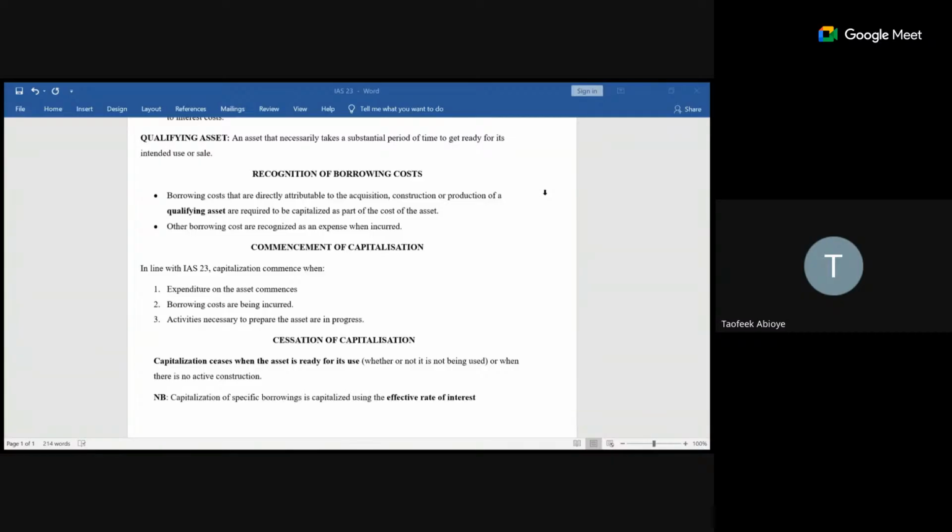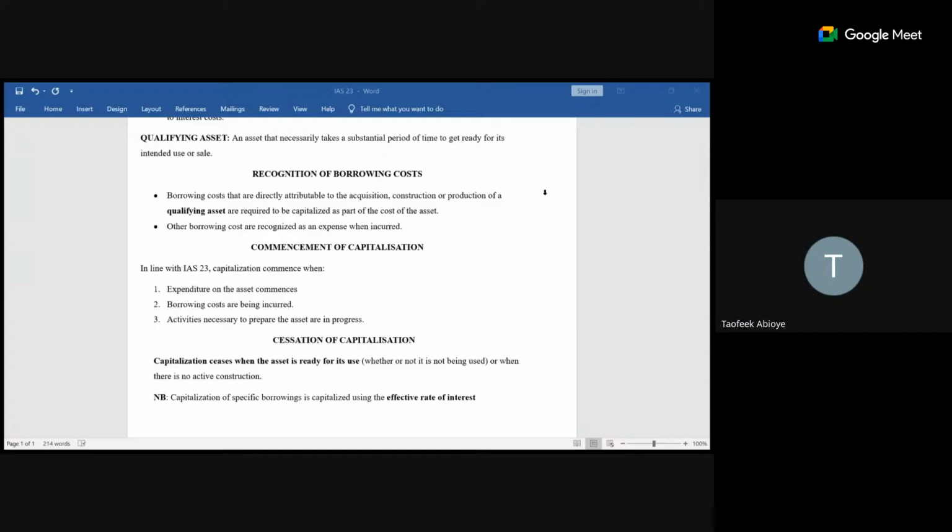Now let's calculate our borrowing costs. How much is our loan? The loan we collected is $90 million, right? How much is the interest we are supposed to be paying? 4%.